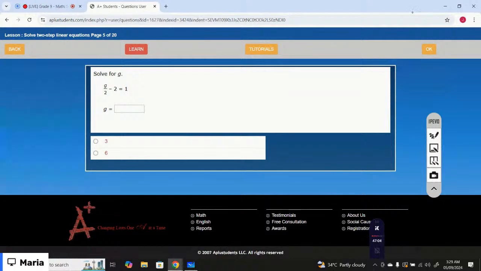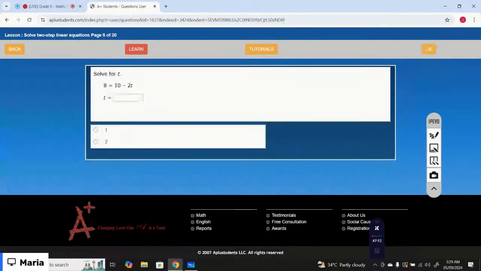For this question, the correct option is 6, not 3. You can solve and check, right? Please think and then answer, right? The next one is 8 equals 10 minus 2s, so which is the correct option? It is option number 1 that is the correct option.